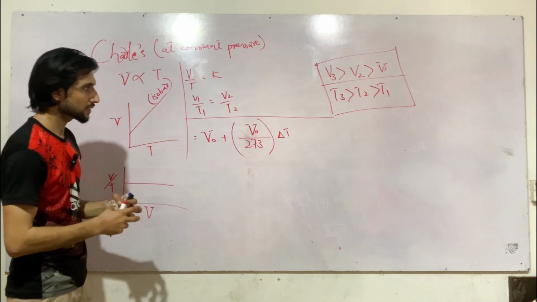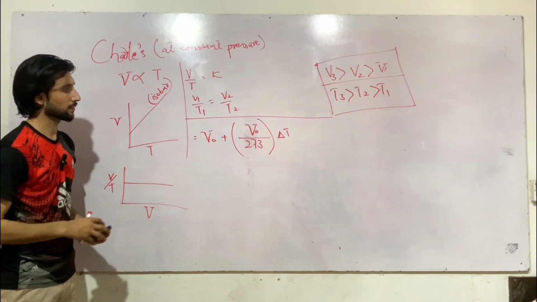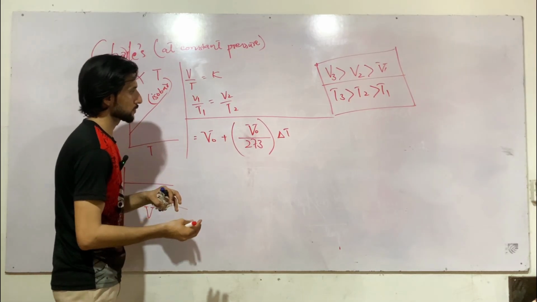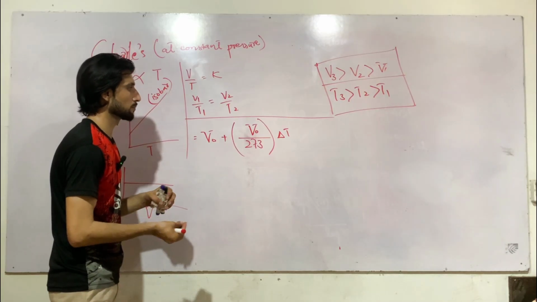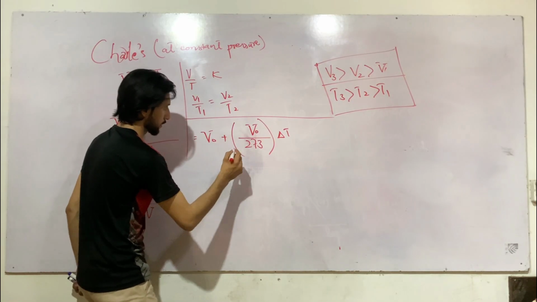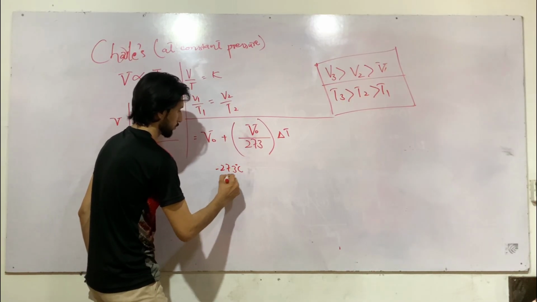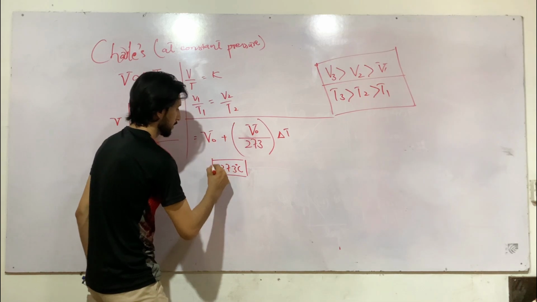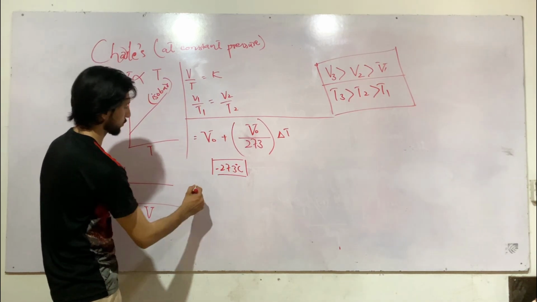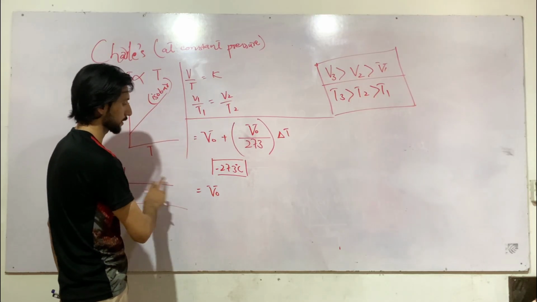If we were to go into the details of this, suppose I were to change the temperature from 0 Celsius to minus 273, what would I get? Suppose the temperature change delta T equals minus 273. Let's see the change in the volume. This was the initial volume V naught, and I am finding the final volume.